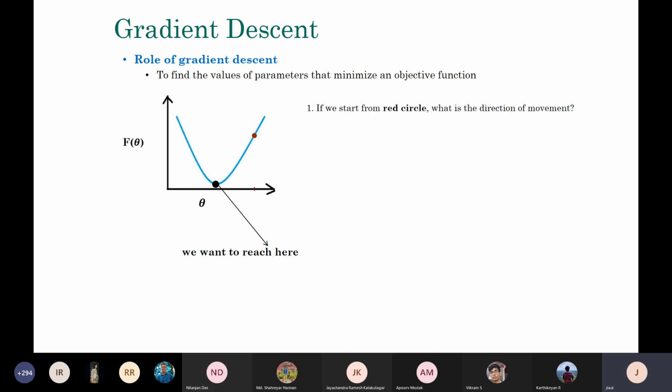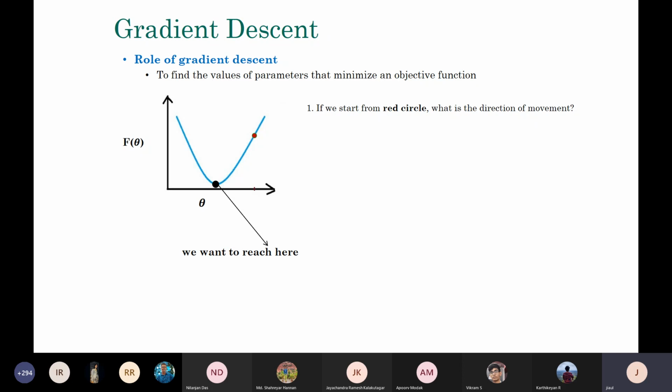Now here is a series of questions that I will be asking you, and you probably will be able to figure out the final expression. So the first question is, if we start from the red circle, so this is the function that I have, and I have to first initialize the value of theta because nobody is going to tell me what the value of theta would be, so I have to randomly initialize somewhere.